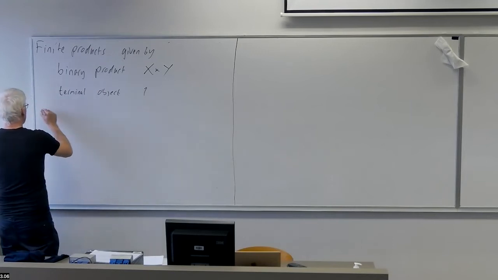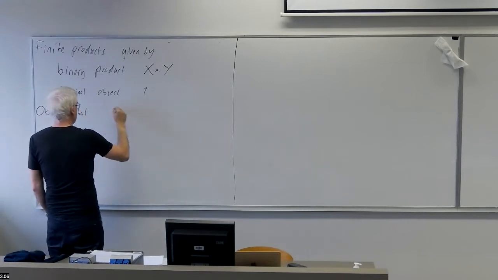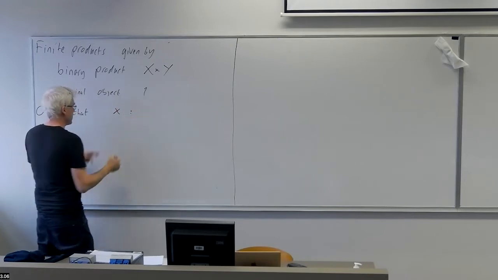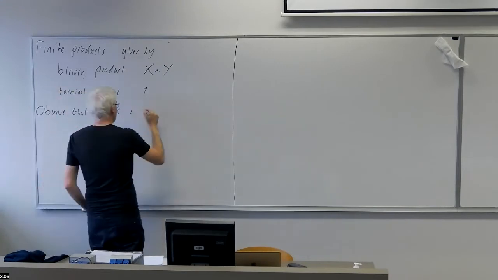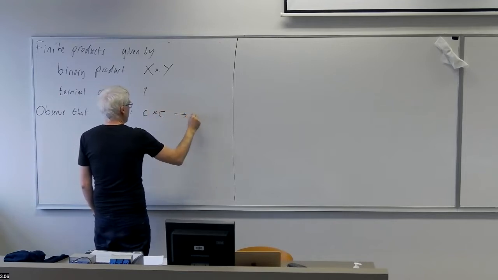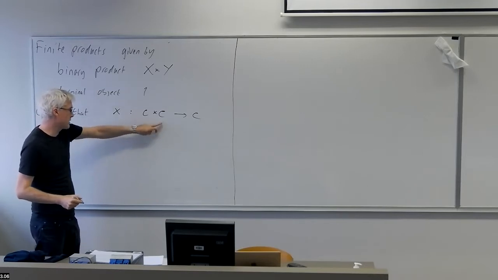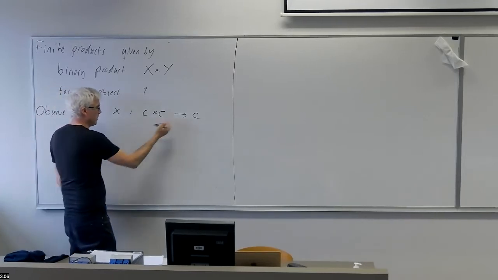So I'm going to begin by, we observe that the binary product is a functor. The times operation, on a category C with products, is a functor from the square of the category C to itself.